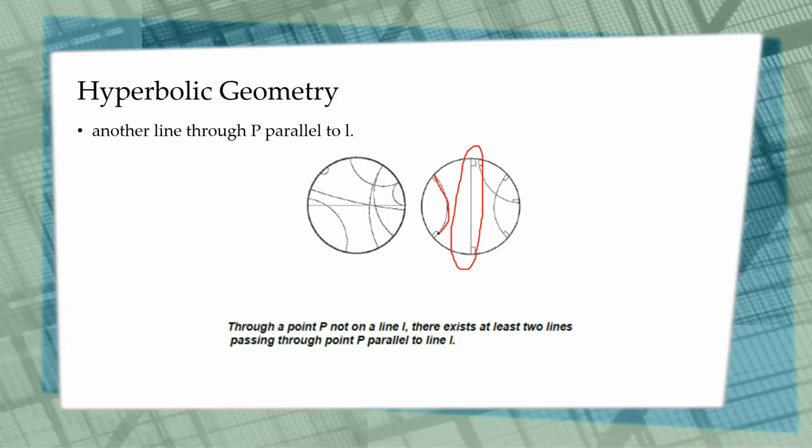This is 1. But we can also choose this point. And there are 2 lines that we can draw. But they do not intersect this line. So parallel siya. So in that case where there is more than one parallel line, then that's what we call hyperbolic geometry.